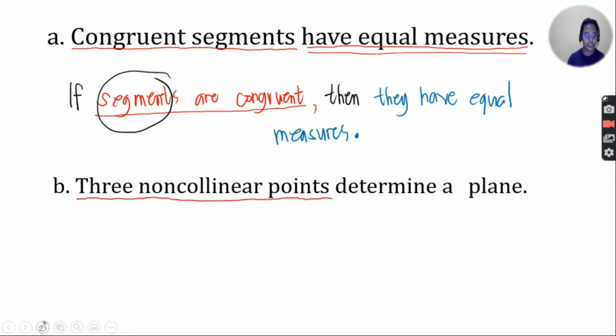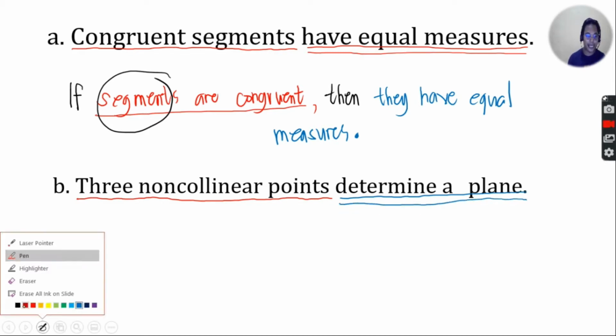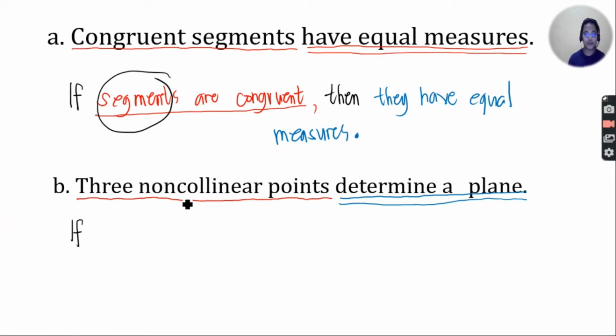And yung ating predicate po ay itong determine a plane po. So, ayan po. Kapag gagawin natin siyang if then, ano yung ating pinaka-subject? Since ano po yung ating, ano dito ay yung points, yung pinaka-main subject po, or pinaka-simple subject po natin.